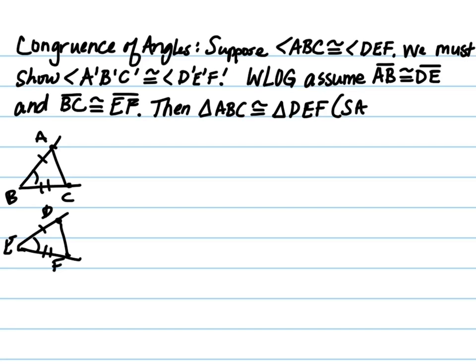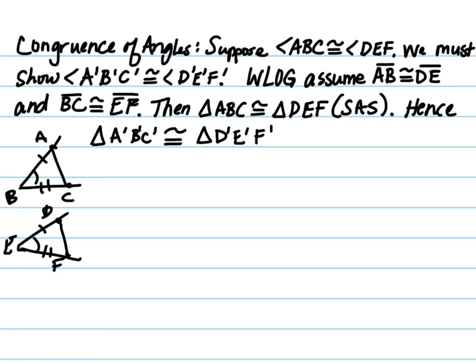And Hannah said side angle side, which is correct. Hence, triangle A prime B prime C prime is congruent to triangle D prime E prime F prime by side, side, side.